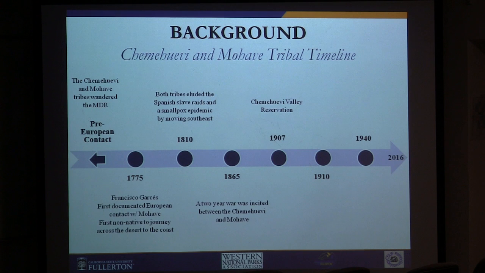By 1907, we established the Chemehueve Valley Reservation, and shortly after, we ended up with the Fort Mojave Reservation. And in 1940, the Parker Dam flooded the Chemehueve Valley area, forcing the tribe to move down to the Colorado River Reservation.